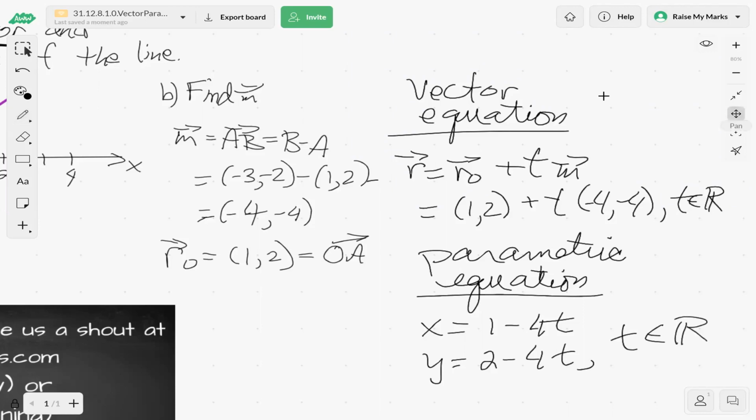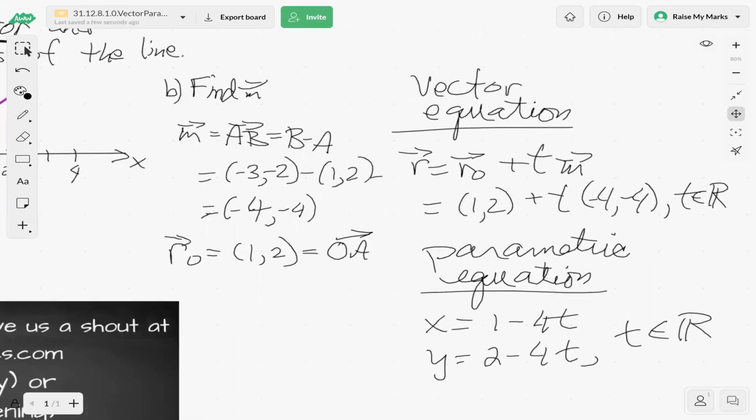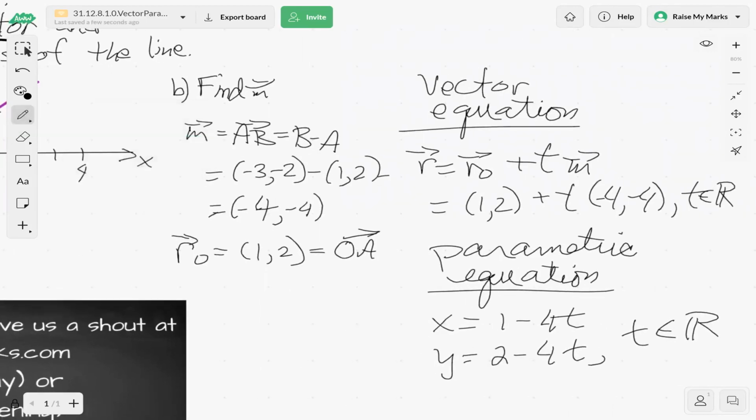Good. Our first step was to find the direction vector, m. Our second step was to find a point on the line, and we took that information and plugged it into the vector equation and parametric equation forms of a line.